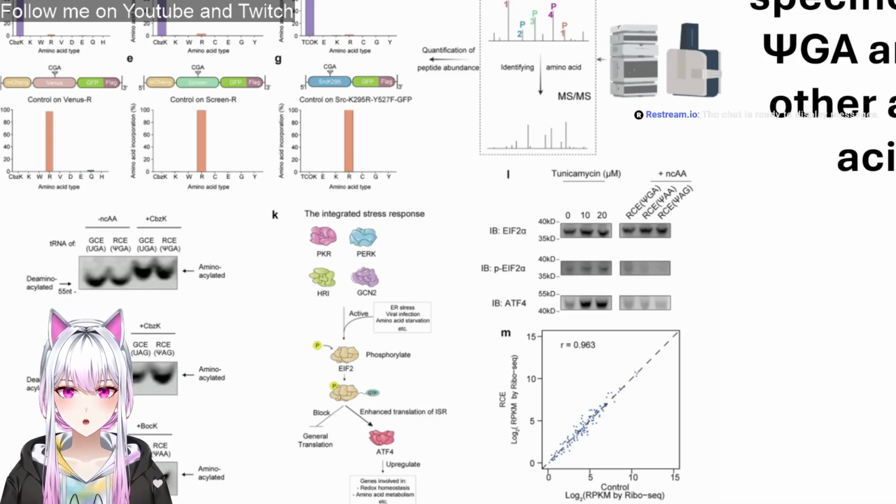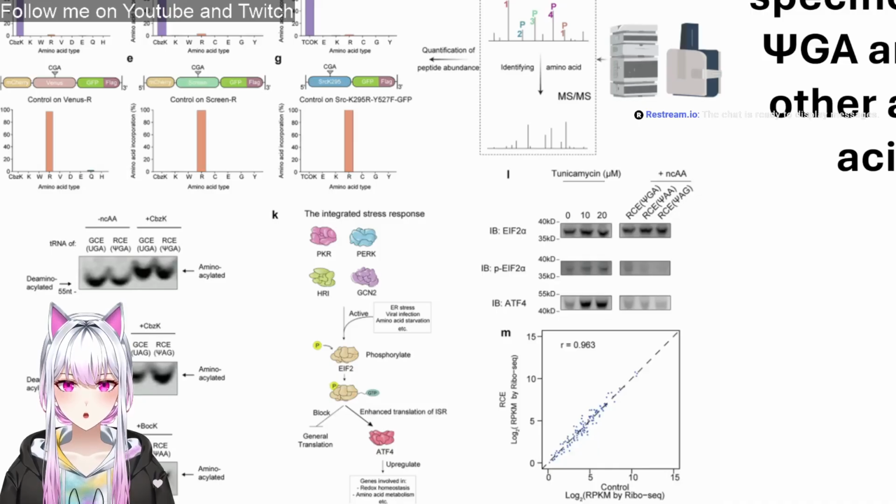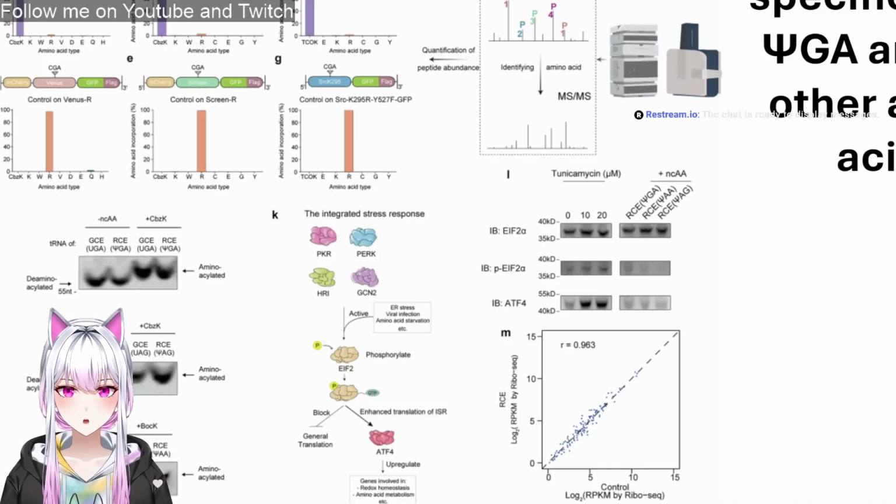All good as well, none of these is changed. If you look at the Western blot, nothing is particularly upregulated as far as stress. They use tunicamycin as a control because it's supposed to upregulate stress.